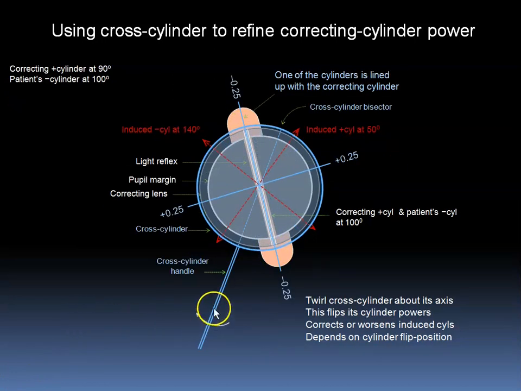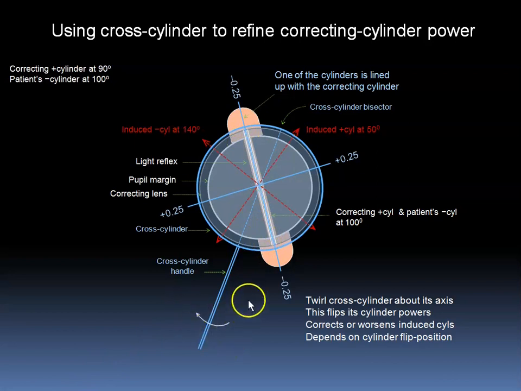We can then use the Jackson cross cylinder to refine cylinder power in the correcting lens. Instead of aligning the bisector of the cylinder with the correcting cylinder that we've placed before, we align one of the two axes that are marked on the Jackson cross cylinder with the correcting cylinder that we've previously placed.